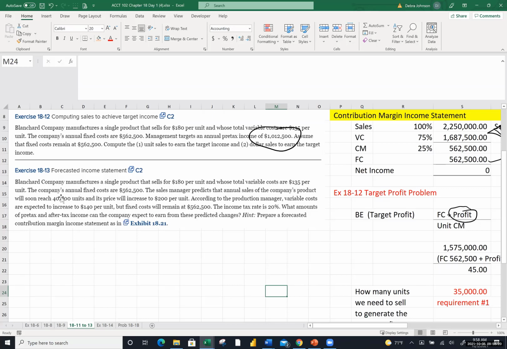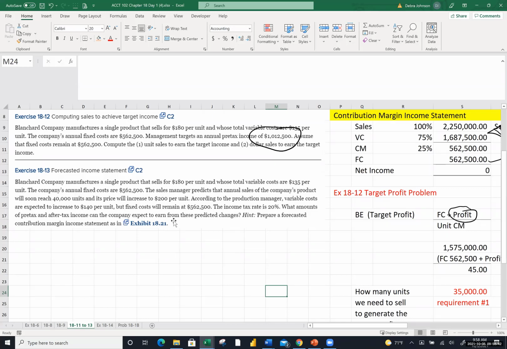So they're selling now 40,000 units, and its price will increase to 200. According to the production manager, variable costs are expected to increase to $140 a unit, but fixed costs will remain fixed. Okay, so they've had some changes.